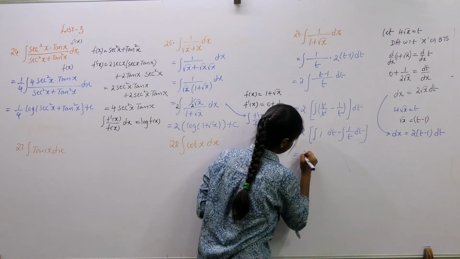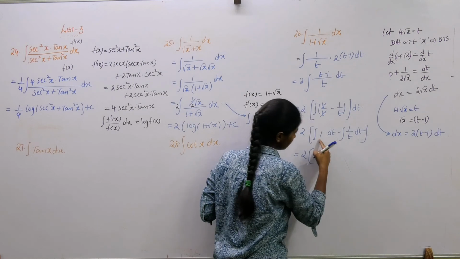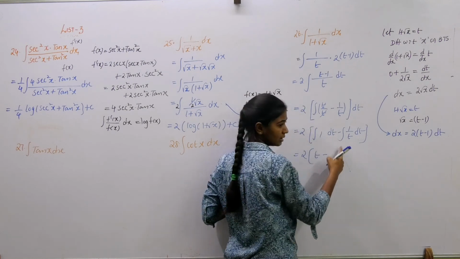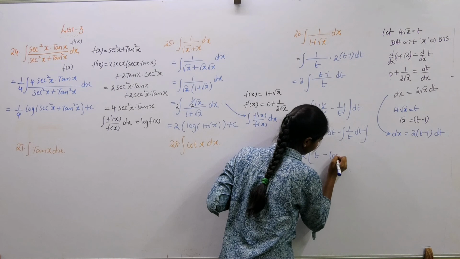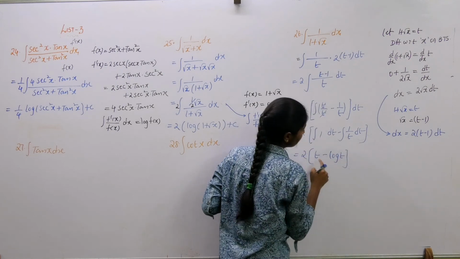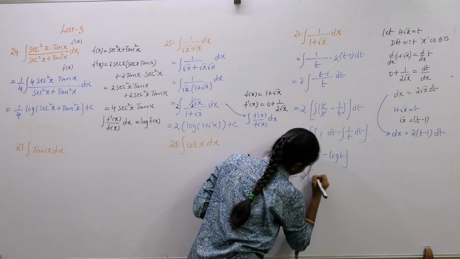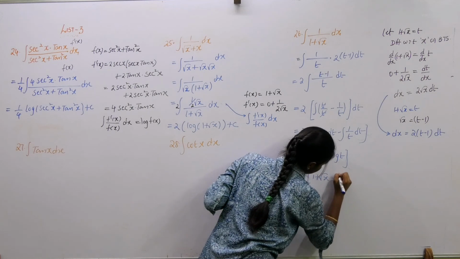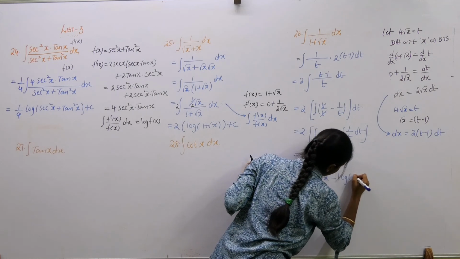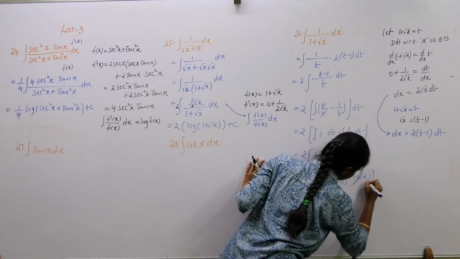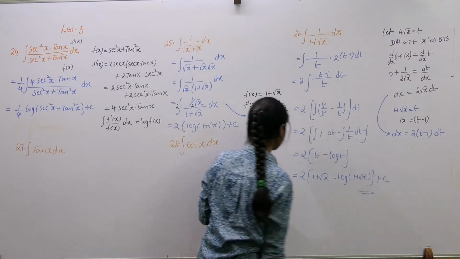It is equal to 2 into integral 1 dt is t minus integral 1 by t dt is log t. What is the value of t? 1 plus root x. So 2 into 1 plus root x minus log of 1 plus root x plus c.